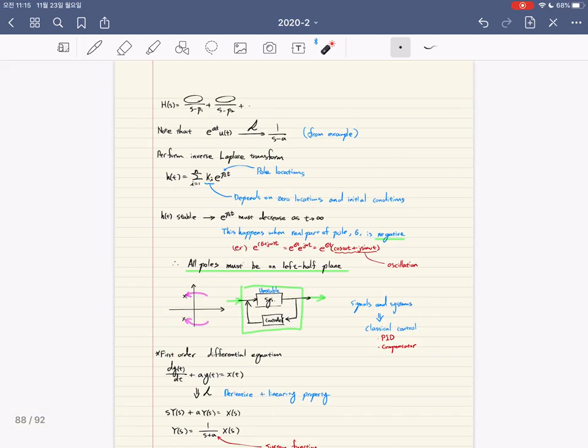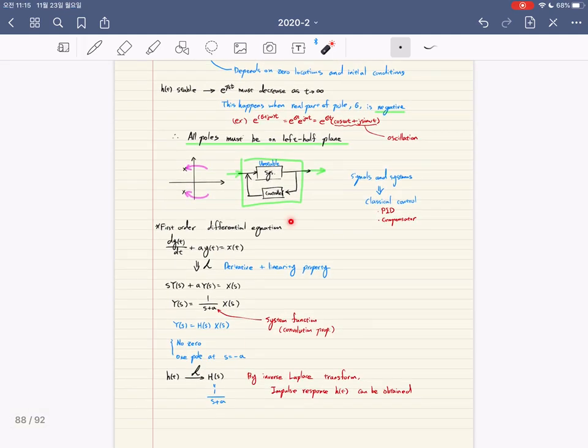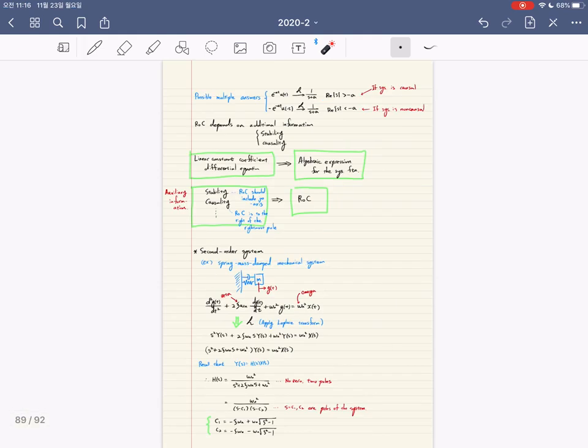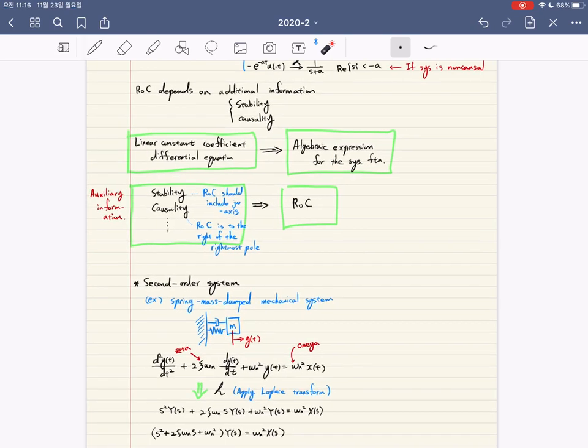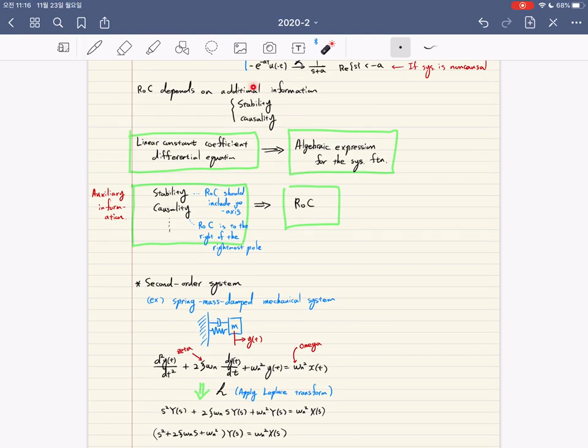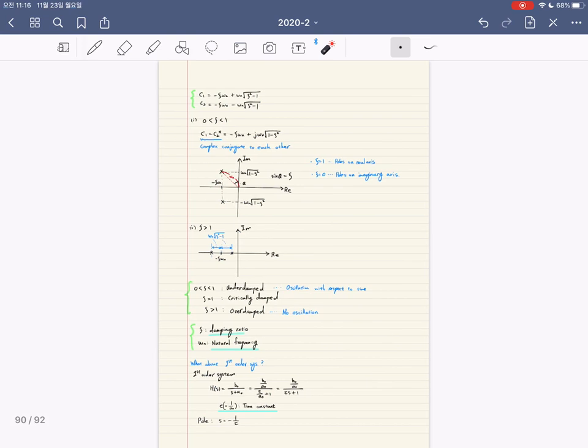And also think about applying the Laplace transform in the differential equation, and the things that I talked about, the additional information which is needed to get the inverse Laplace transform.